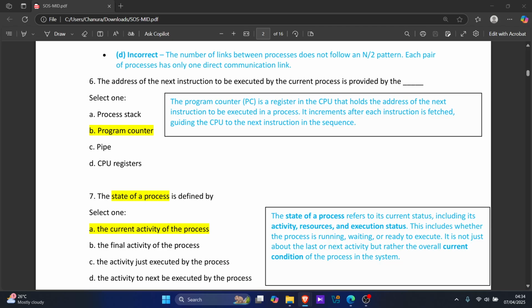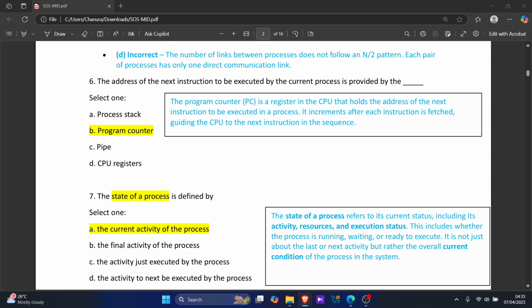Pipe is a form of inter-process communication, allowing data to be passed between processes. It doesn't have anything to do with instruction addresses, so that's probably not it. CPU registers in general include various registers like accumulators, stack pointers, base pointers, and the program counter. So the program counter is a specific CPU register.